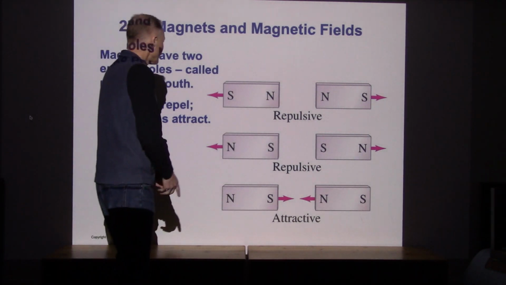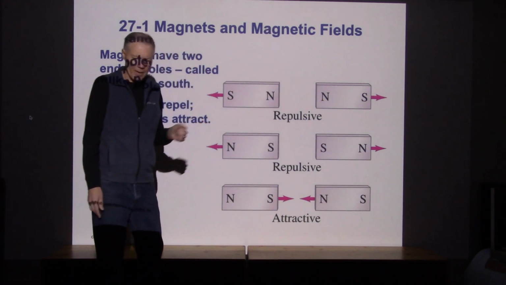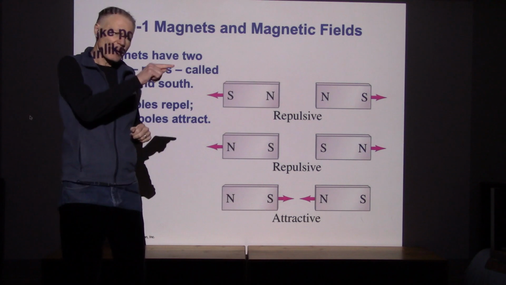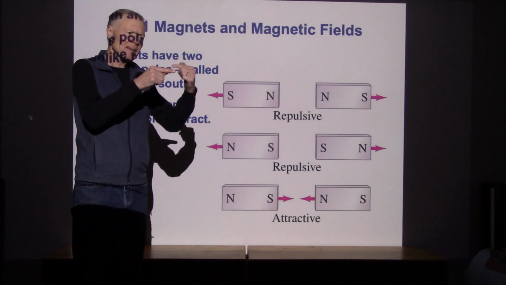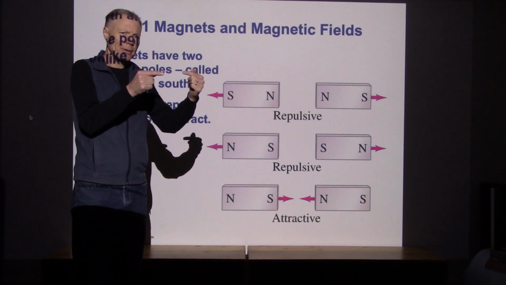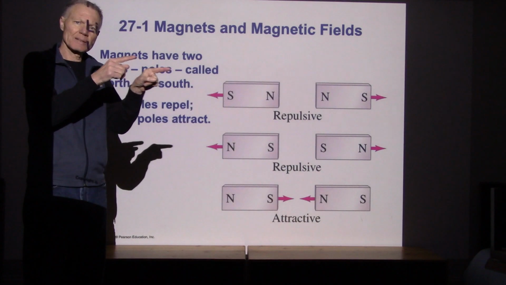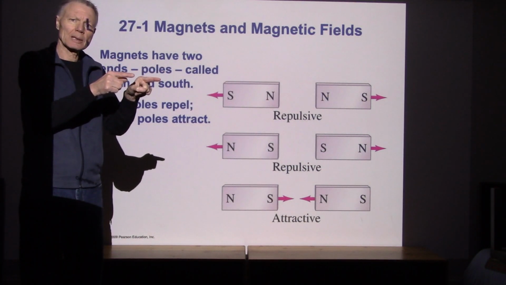So in a piece of magnetized material, instead of all of their spins canceling out, in a piece of iron, for example, it's possible to get some portion of the spins aligned in a particular direction.